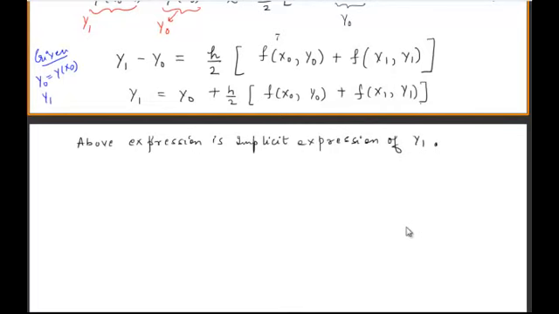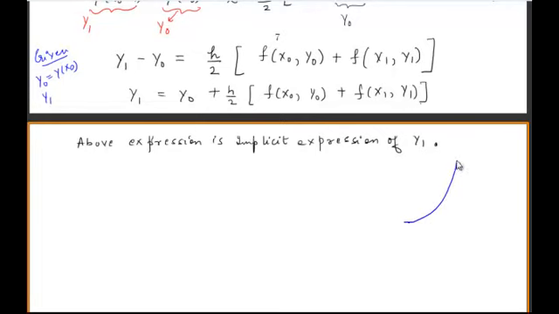For example, if you have a function like an exact solution like this, then at this point you started, say x0 y0, and you had a little tiny line segment, the tangent slope.